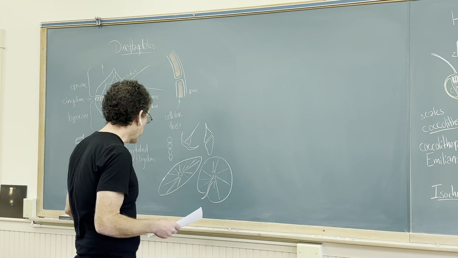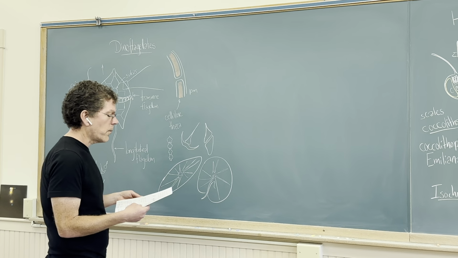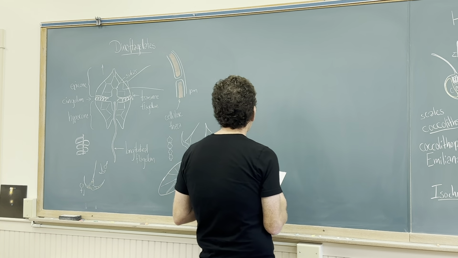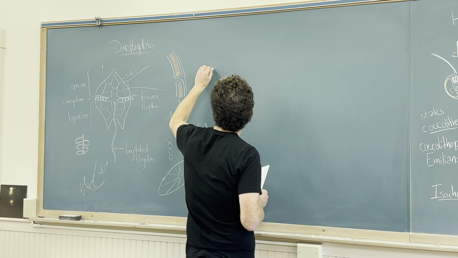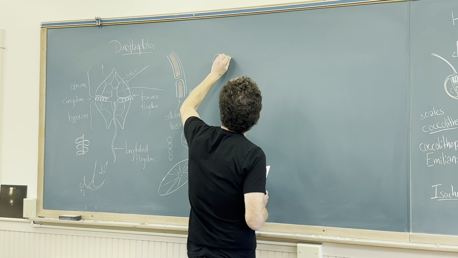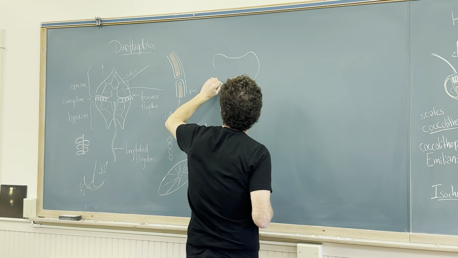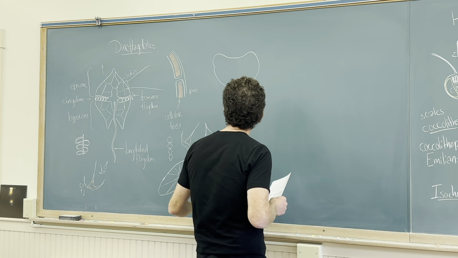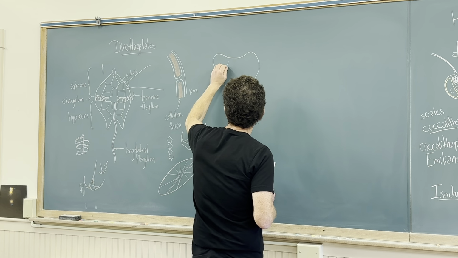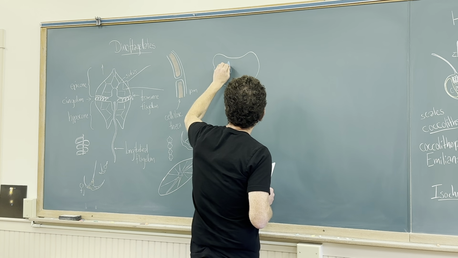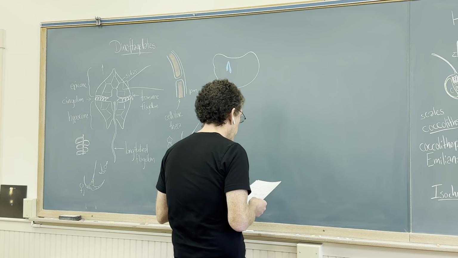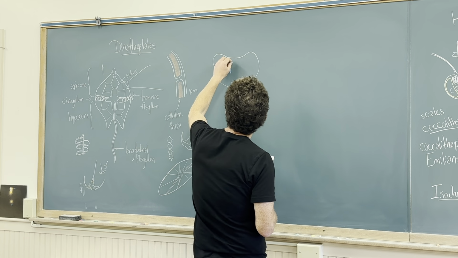Dinoflagellates, of course, have their own special form of mitosis called dinomitosis, in which the nuclear envelope never breaks down. Chromosomes condense within it toward one side, but, and here's the weird thing, the chromosomes are permanently condensed.